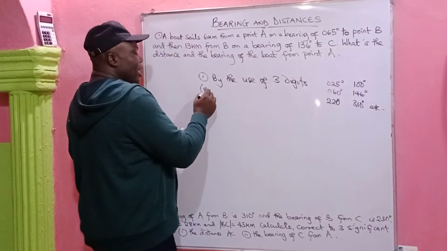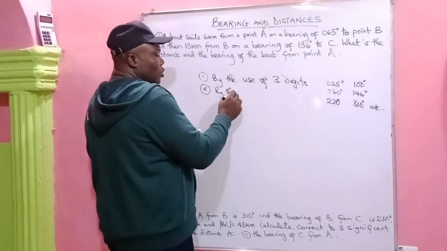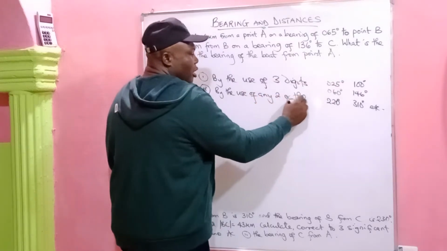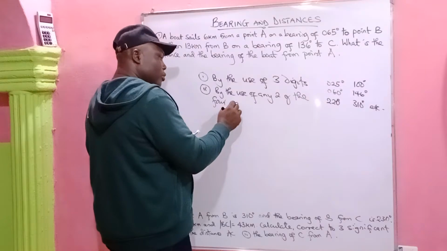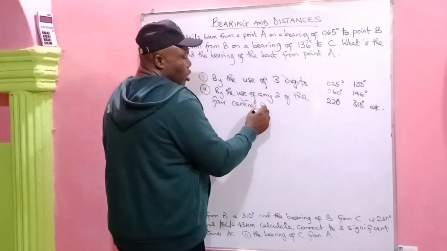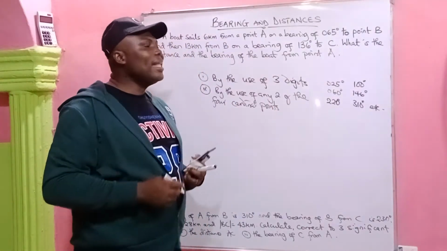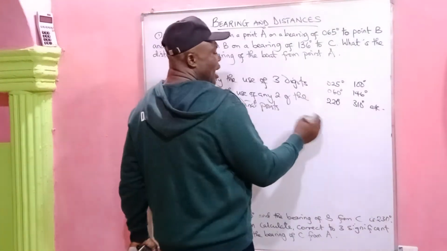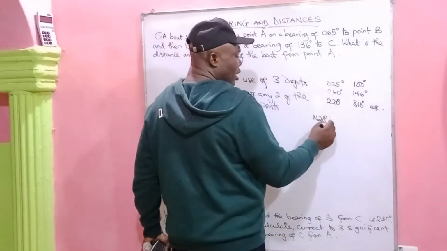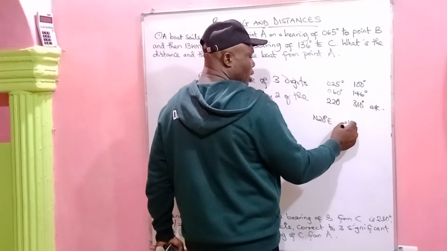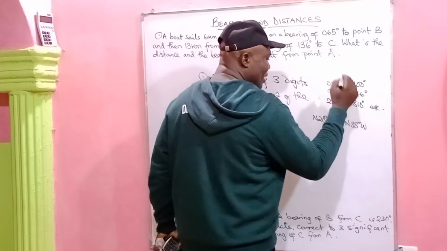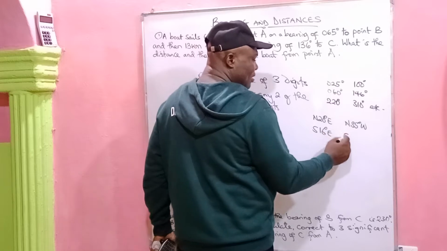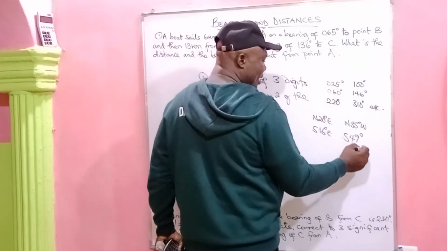And the second way is by the use of any 2 of the 4 cardinal points. Here, we represent the bearing by the use of any 2 of the 4 cardinal points, meaning that we can have north 20 degrees east, we can have north 35 degrees west, we can have south 16 degrees east, and we can have south 49 degrees west.